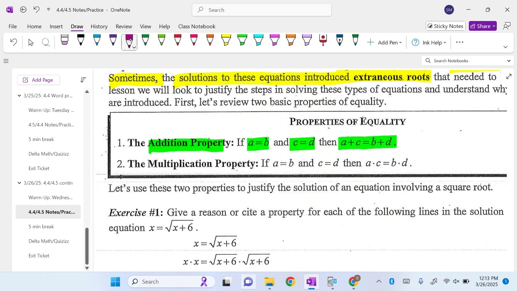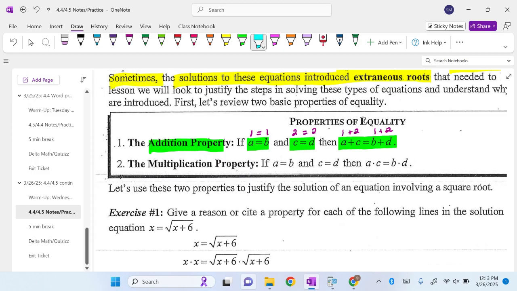For example, if a is 1, that means b is 1, because 1 equals 1. And let's say c and d were both 2. Is it not true that 1 plus 2 is the same thing as 1 plus 2? Yes. That's why that's a true statement.